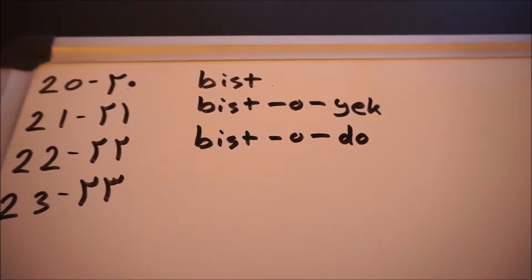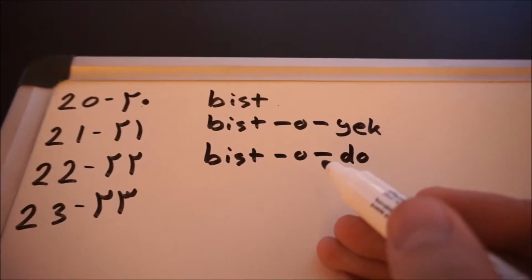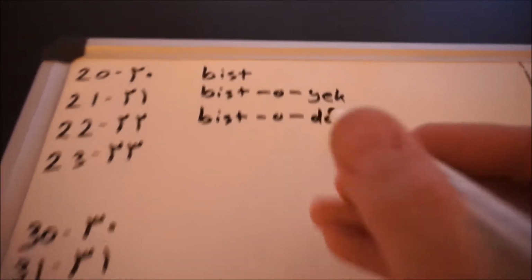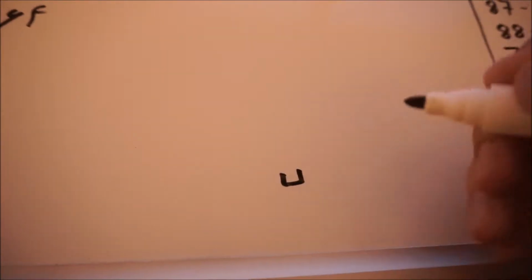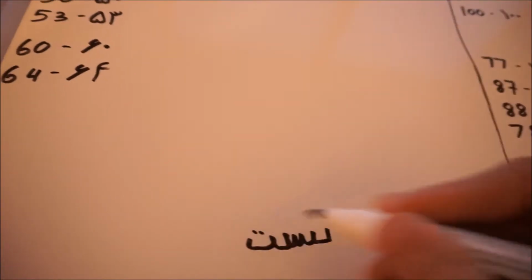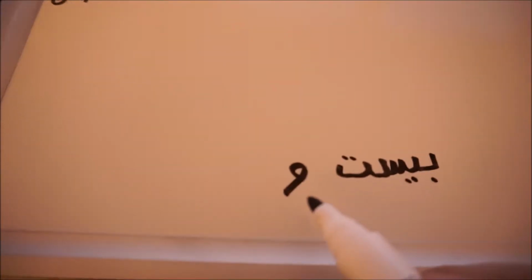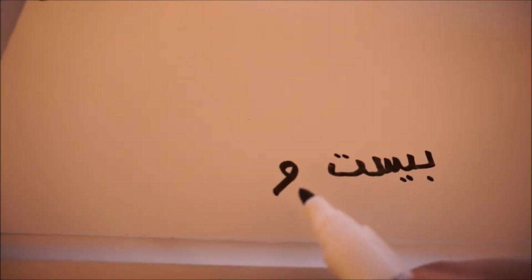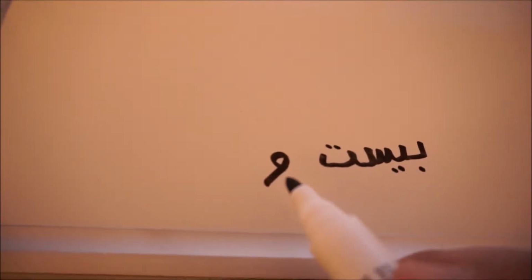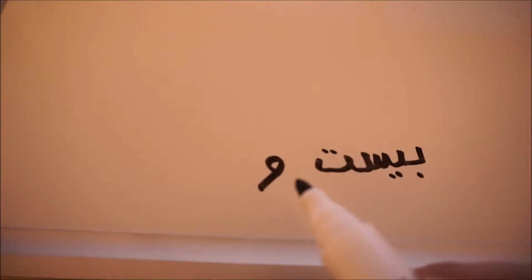Actually, let's see how this works when we write in Farsi, because this o sound here is actually also represented with a letter if we write in Farsi. So let's try to write 21 in Farsi script. So first we write the bist, and then we write o, and this o sound is represented by this letter, which is actually called va in Farsi script, but for this purpose it becomes shortened to just o, so bist o and not bist va, although both are actually correct.